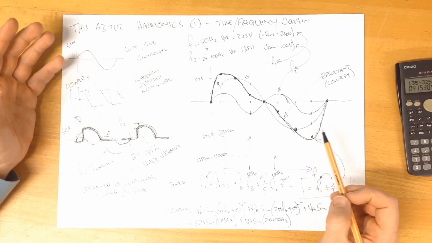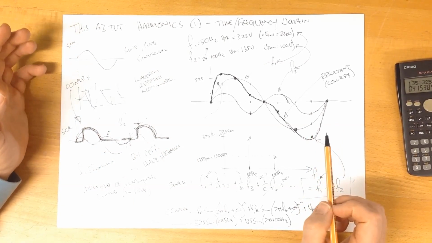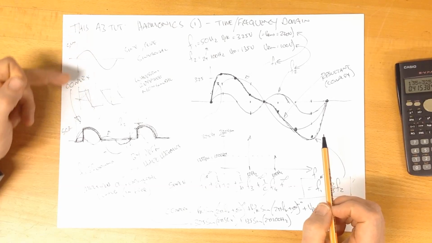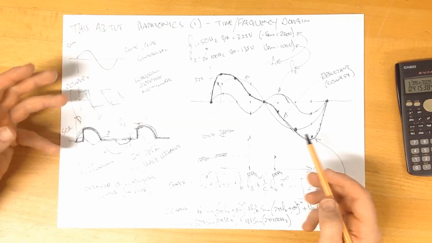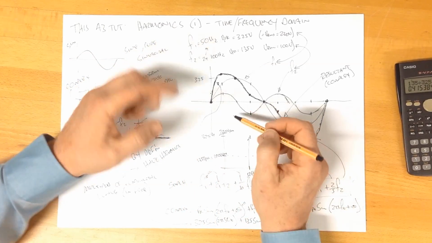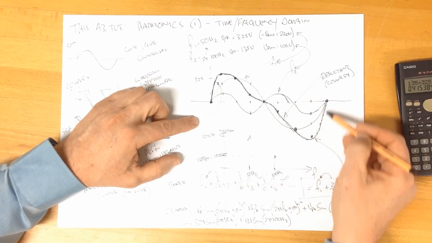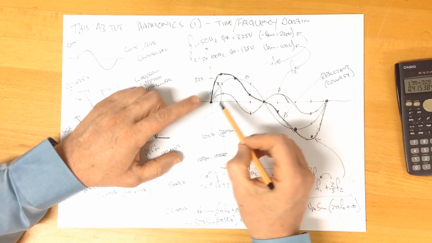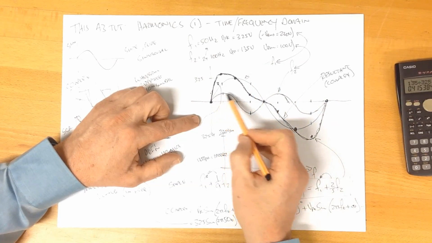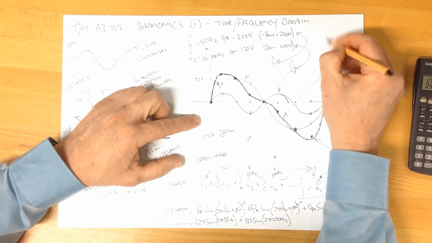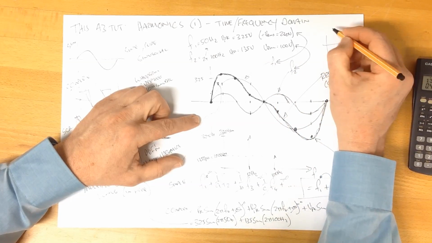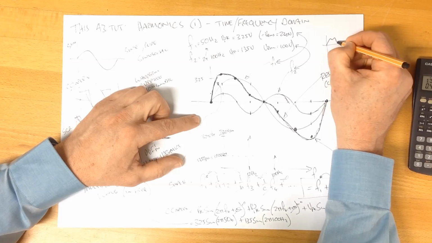What I've done here in this tutorial, just to recap, is I've shown that a complex wave is a series of sine waves which can be all added together to create this resulting complex wave. I used a very simple example with only a fundamental and a second harmonic. As an aside, if this had been a third harmonic, our resultant waveform, if you go off and do this yourself, would look something like this.